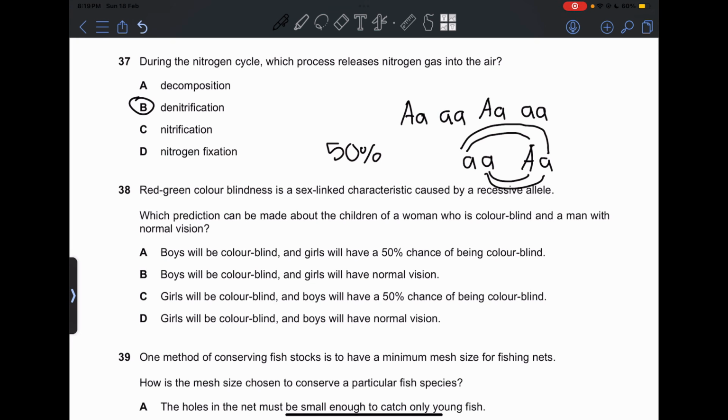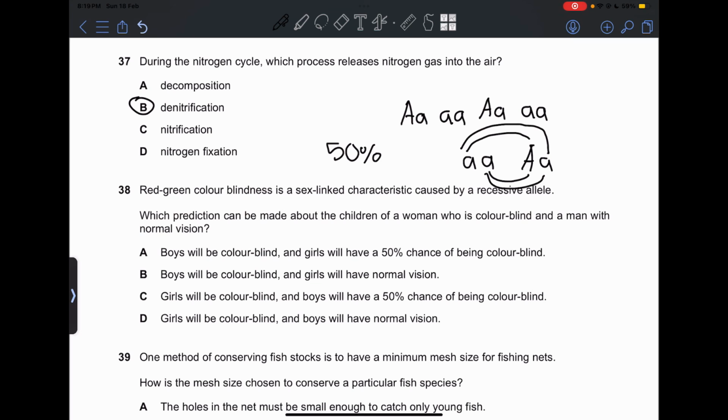So A says boys will be colorblind and the girls will have a 50% chance of being colorblind. This is incorrect because this is not a 50% chance that the child will be colorblind or not colorblind. This is actually going to be a 75% chance, so this is not our answer.